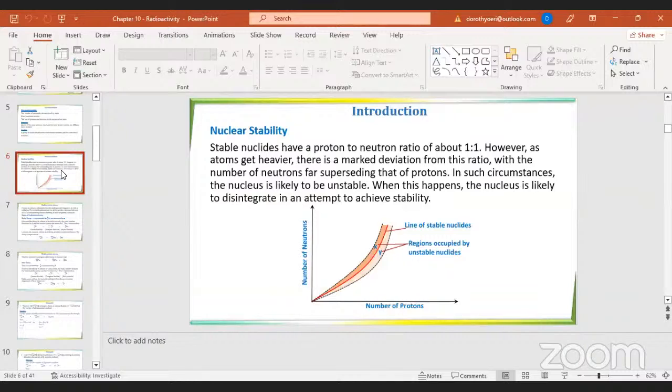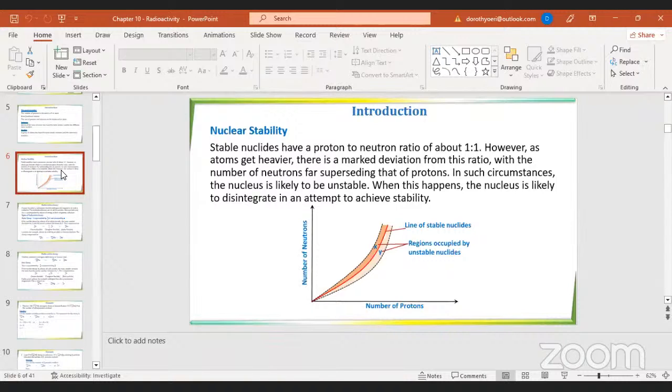That nuclide is said to be stable. Now, if the ratio is not 1:1, then we are going to say that that nuclide now at that point is unstable. And what it will do, it will decay by releasing the radiations we're going to look at for it to gain the stability.